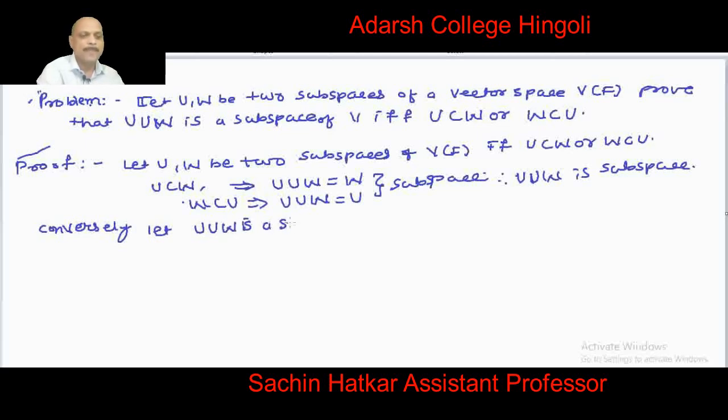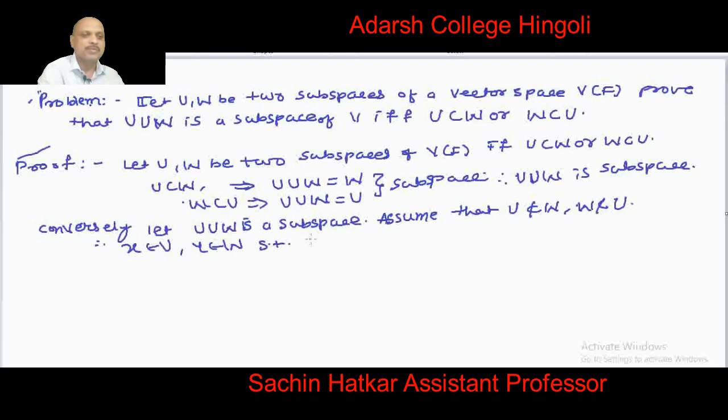This is our assumption, and let us assume the contrary: assume that U is not a subset of W and W is not a subset of U. Therefore there exist x belonging to U, y belonging to W such that x is not a member of W and y is not a member of U, since neither is a subset of the other. Now x, y belong to U union W. Remember that U union W we have taken as a subspace.